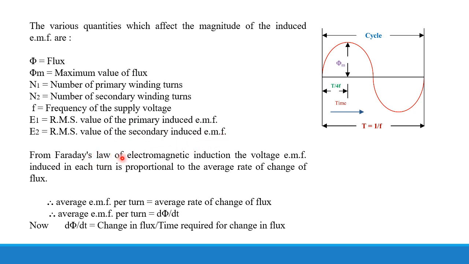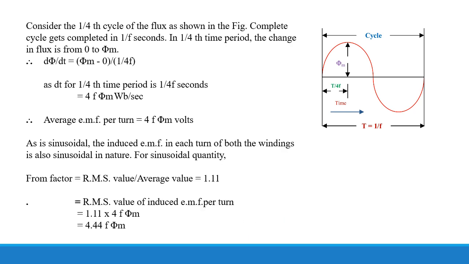From Faraday's laws of electromagnetic induction, the EMF induced in each turn is proportional to the average rate of change of flux. Therefore, average EMF per turn is equal to average rate of change of flux, d phi by dt, where d phi by dt is the change in flux by time required for change in flux.